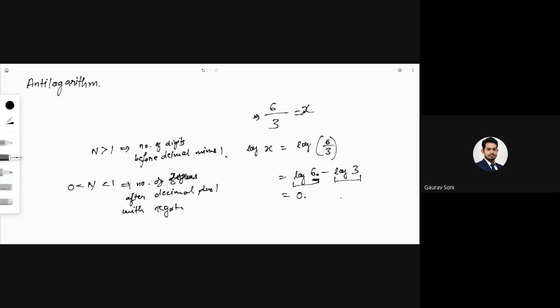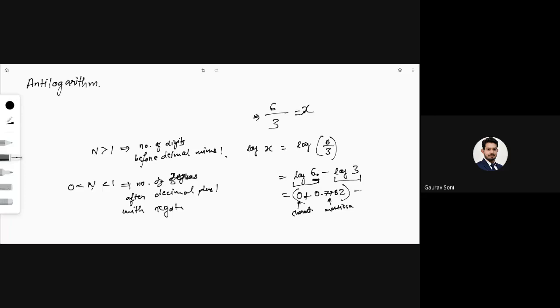So characteristic 0 plus mantissa 0.7782. Whoever has the log table, please look at this. So this is our characteristic, and this is our mantissa, which we have found using the log table.